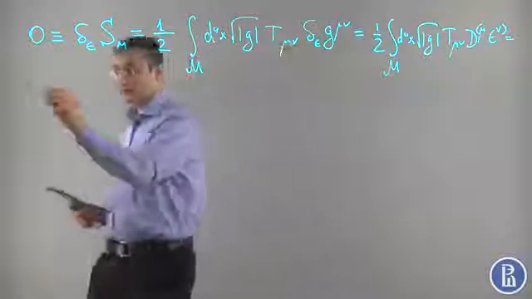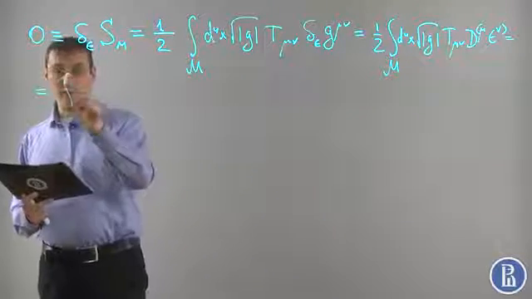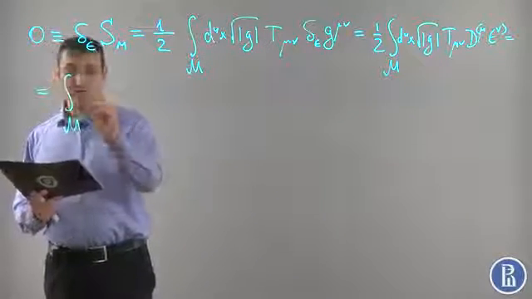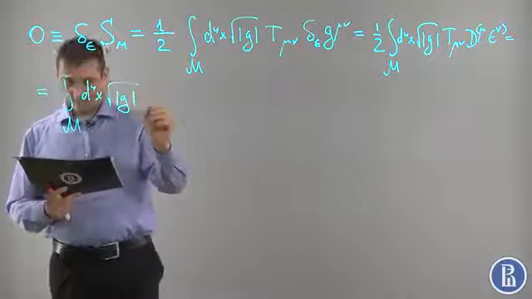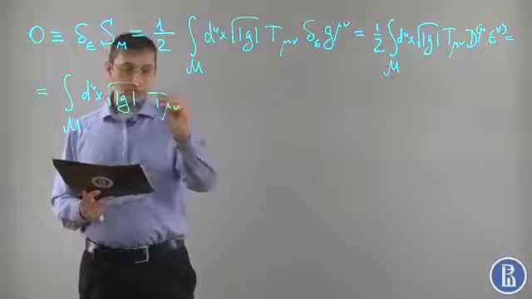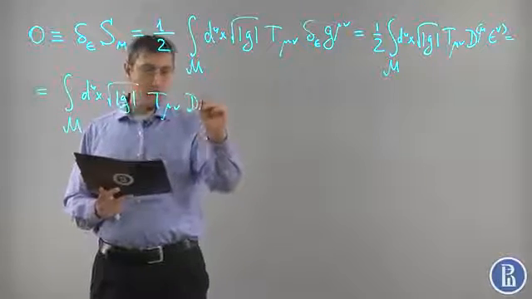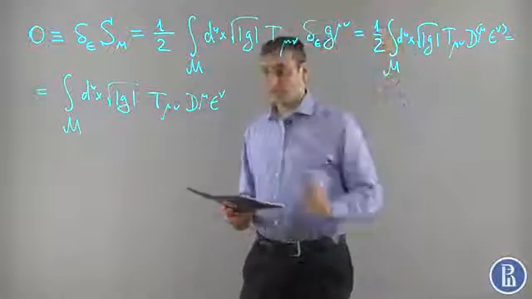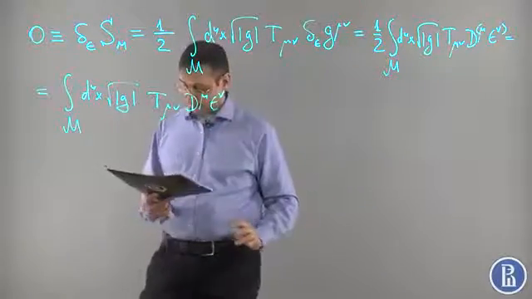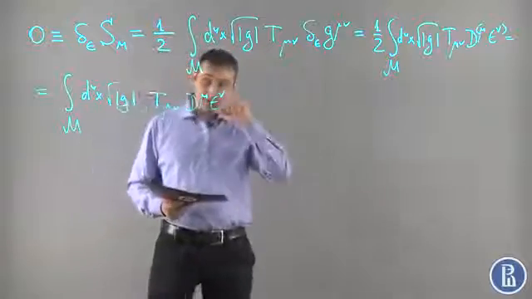Because t mu nu is symmetric under the exchange of indices, and the symmetrized derivative is also symmetric, we have that this is equal to the integral d4x square root of g t mu nu times d mu epsilon nu, without 1/2 and no symmetrization. Now we want to integrate by parts.